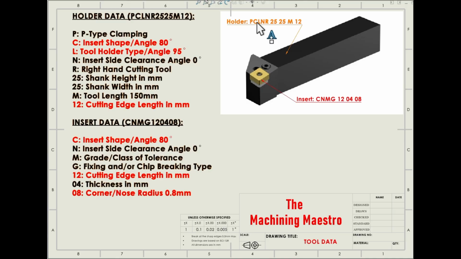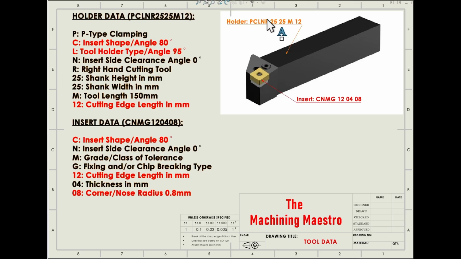C is the insert shape or insert angle, which is 80 degrees. The angle which is produced over here is 80 degrees. The tool holder type or tool holder angle, the angle produced between this surface and this surface, is 95 degrees. The insert side clearance angle is 0, which is represented by N. N represents the side clearance angle is 0 degrees. The angle produced over here is 0 degrees.